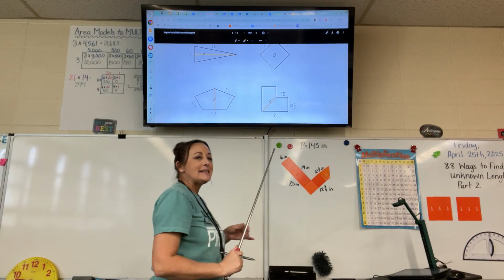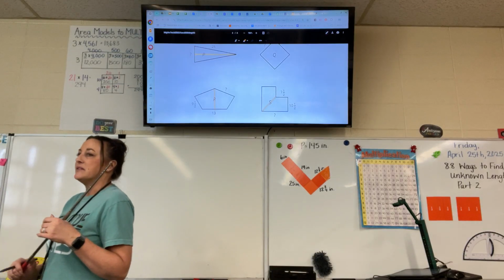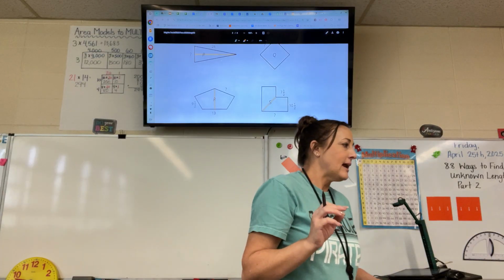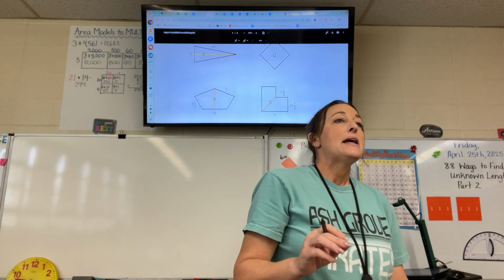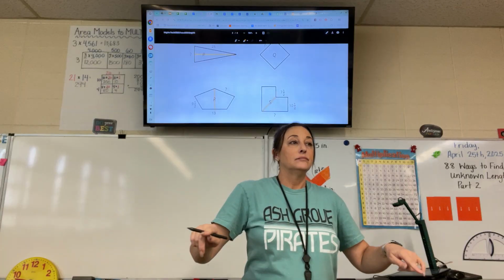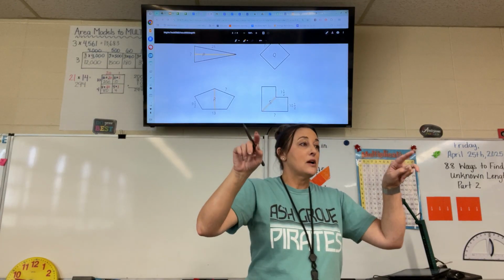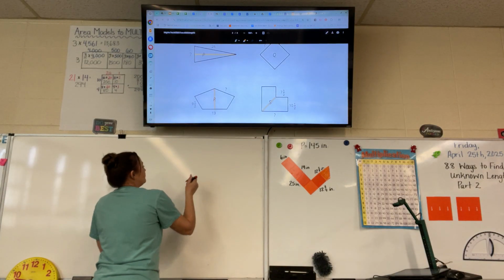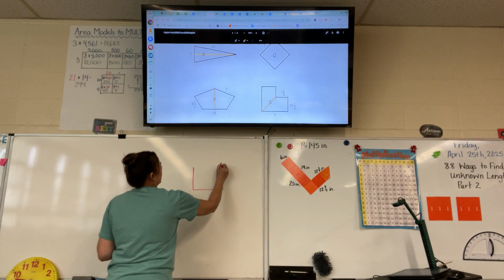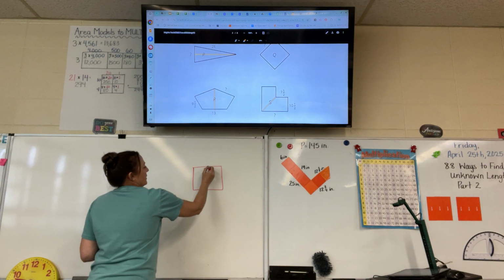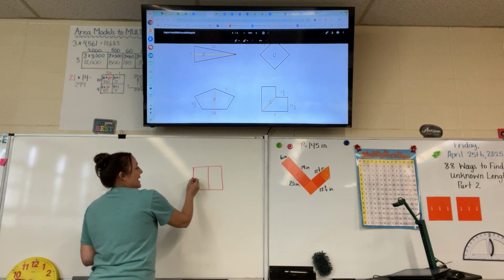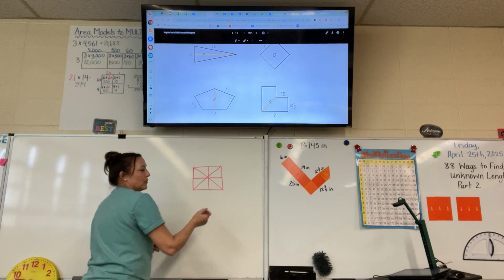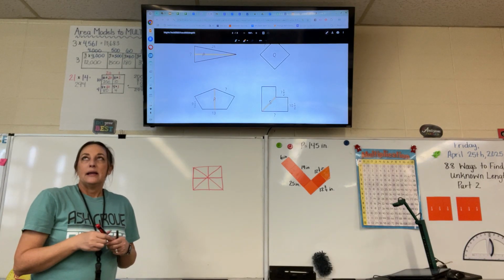And then on Q, it says that it has 4 lines of symmetry. When you have a 4-sided figure that has 4 lines of symmetry, that means it is a square or a rhombus because all 4 sides are equal, okay? So with the square, it has a line from side to side and side to side and corner to corner and corner to corner.